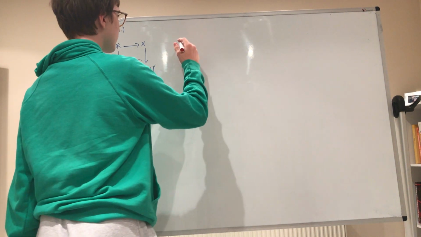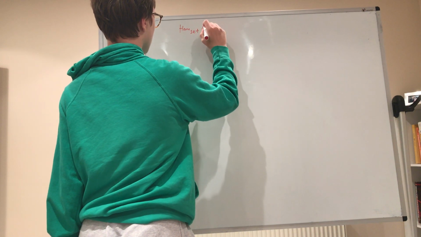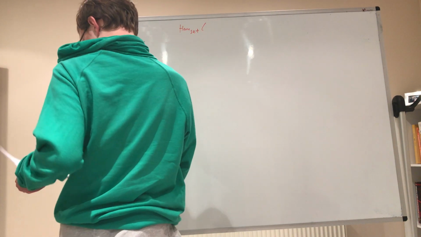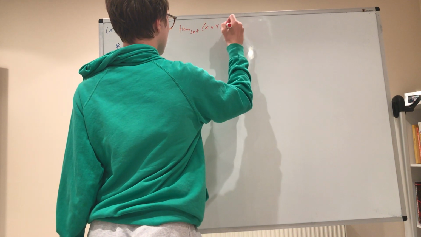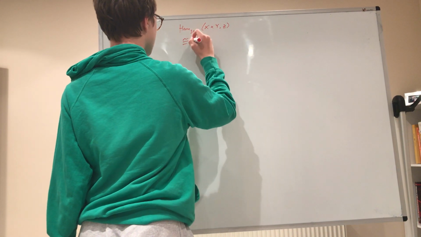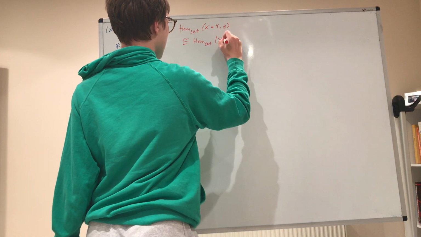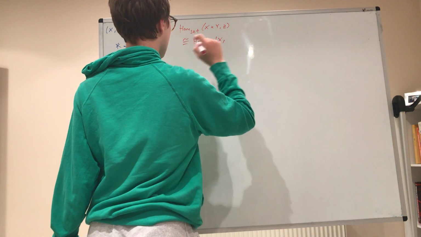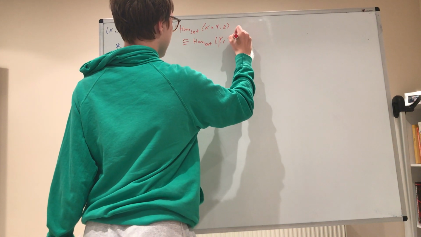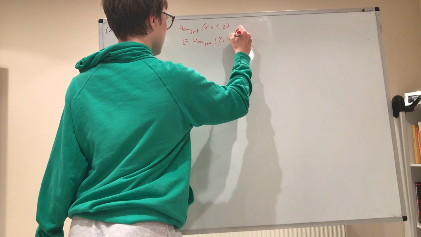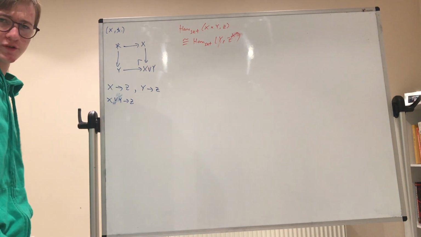In Set, we have Hom set of X cross Y, Z being in bijection with Y, Z to the X. So we have this bijection here.